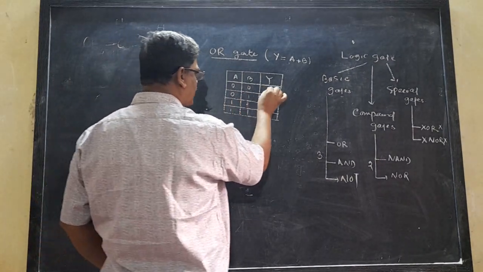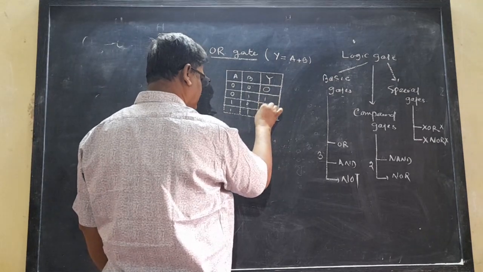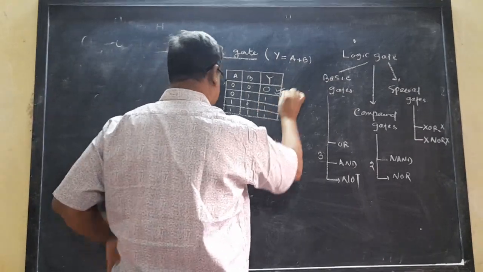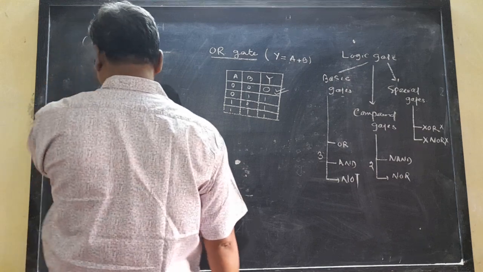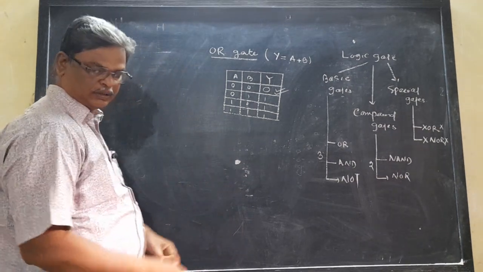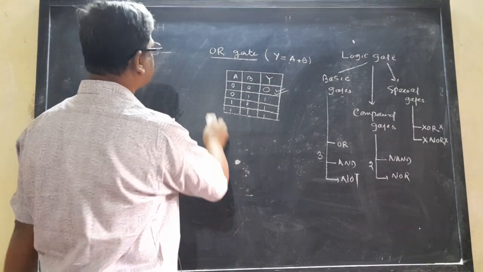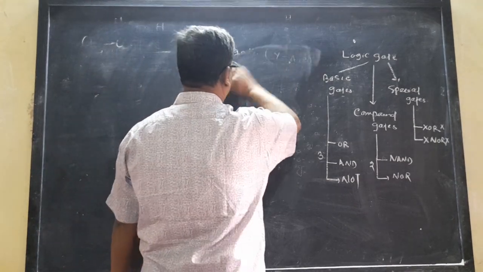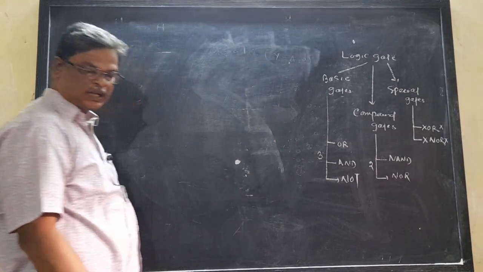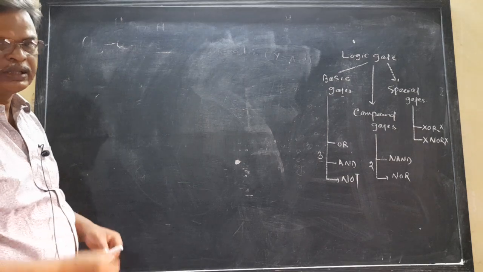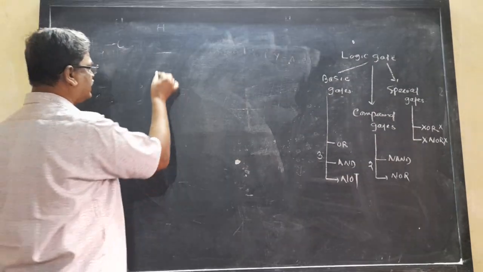When all the inputs are low, the output is low; in all other cases it is high. This is the truth table of the OR gate. Next is the equivalent electric circuit that we have already studied.